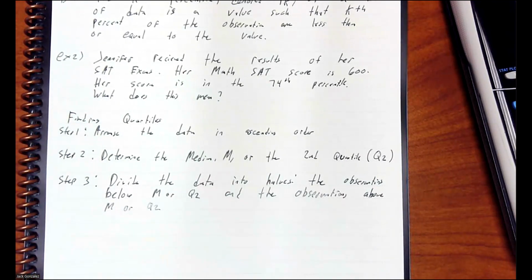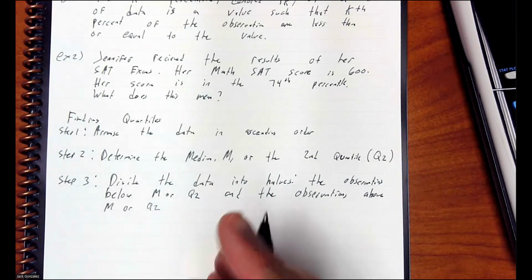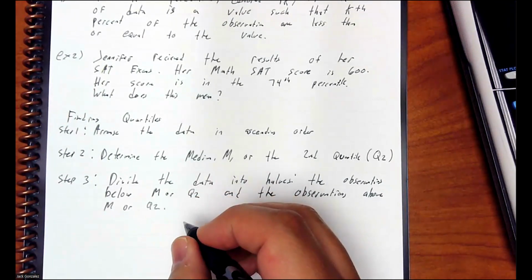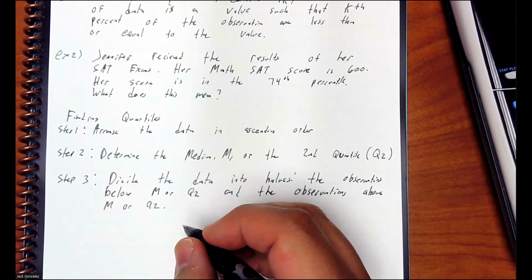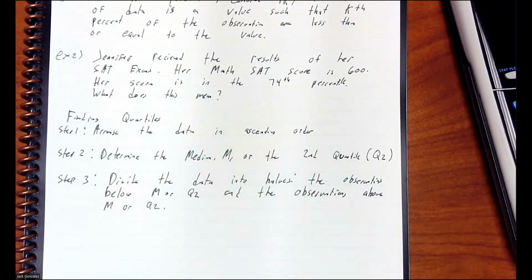So you just cut the data into two halves. Below Q2, above Q2. So once you've done that, the first quartile will be the median of that bottom half. So just find the median again for that chunk. Then find the median for the top for Q3. That's it.